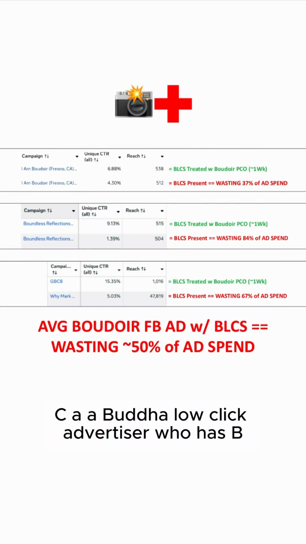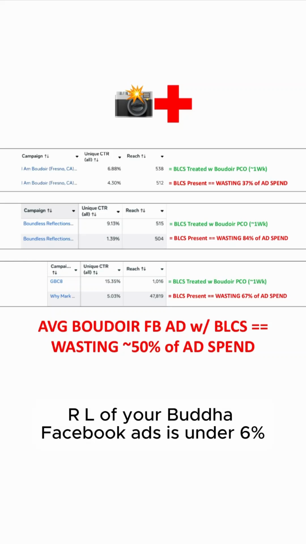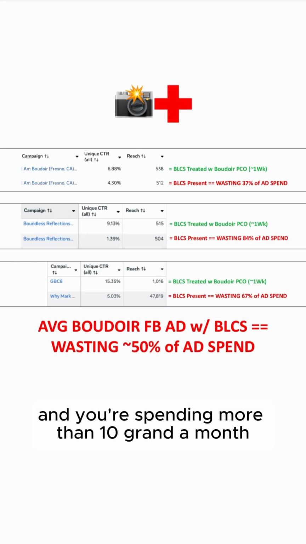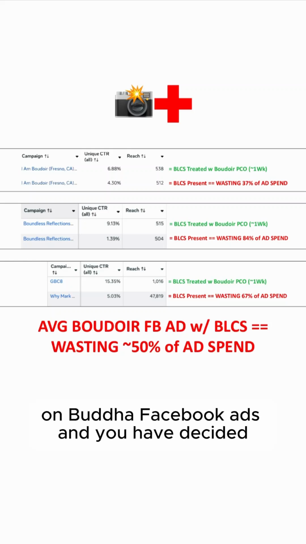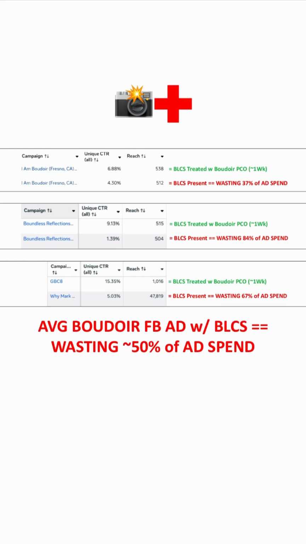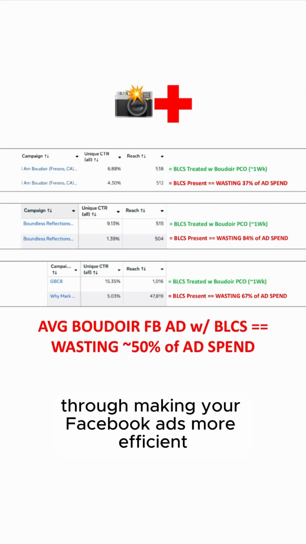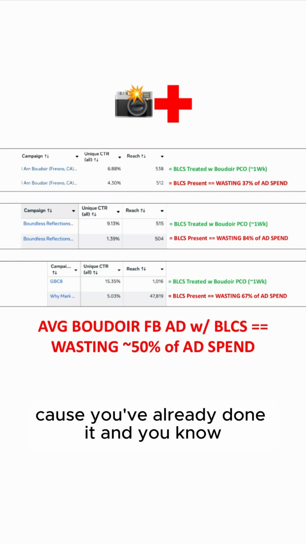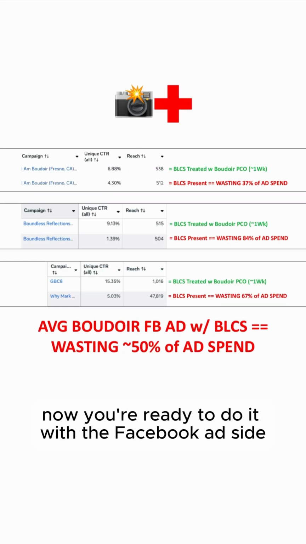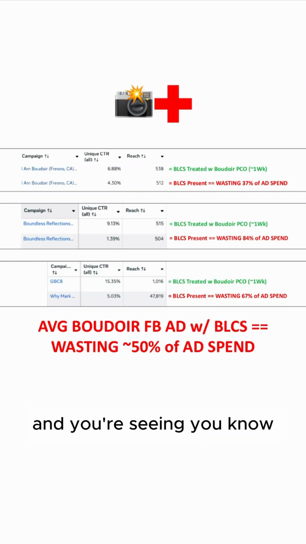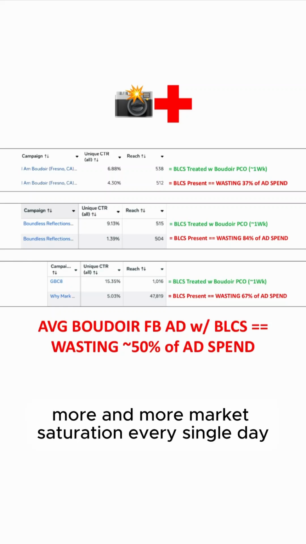If you're a BLCA, a boudoir low-click advertiser who has BLCS, where the unique CTR of your boudoir Facebook ads is under 6%, and you're spending more than 10 grand a month on boudoir Facebook ads, and you have decided that now you need to pull more efficiency, more profit out of your business through making your boudoir Facebook ads more efficient, because you've already done it in other places in your business. Now you're ready to do it with the Facebook ad part of the business, and you're seeing more and more market saturation every single day.